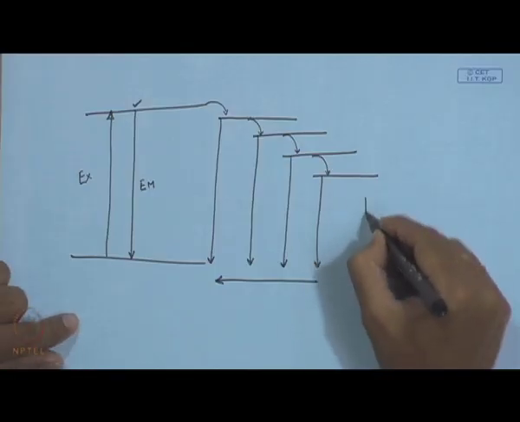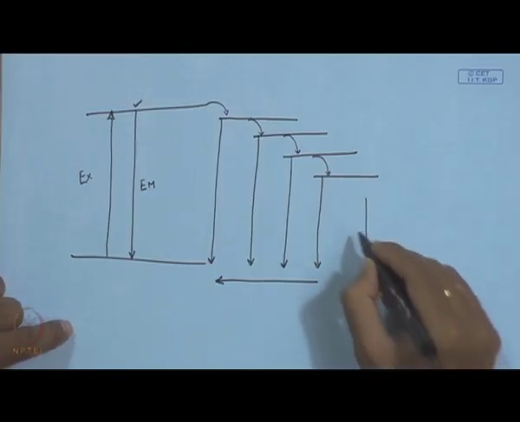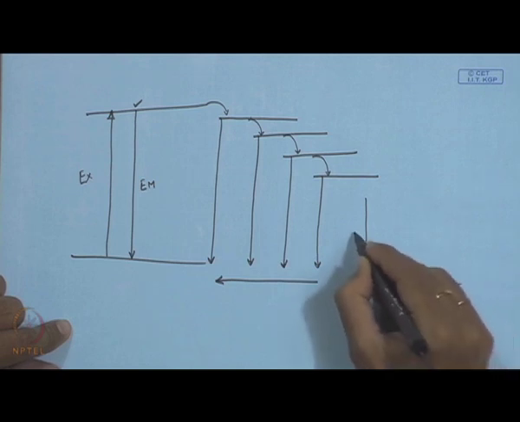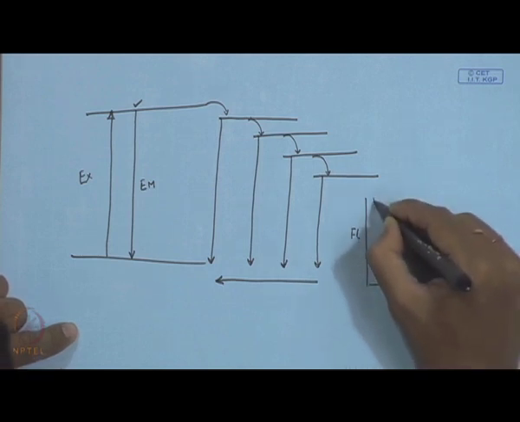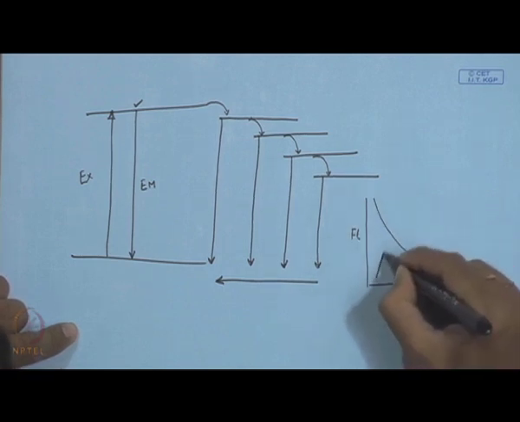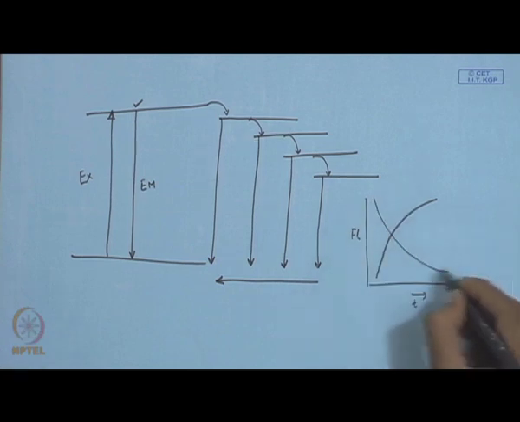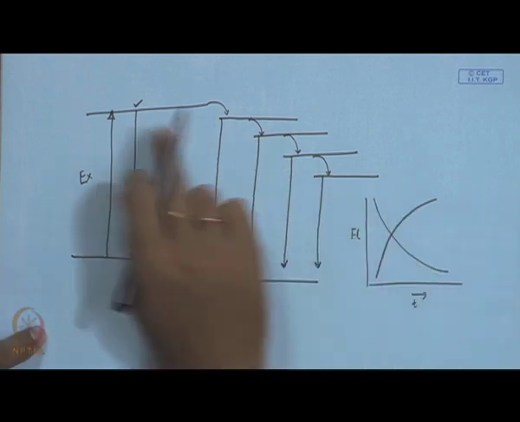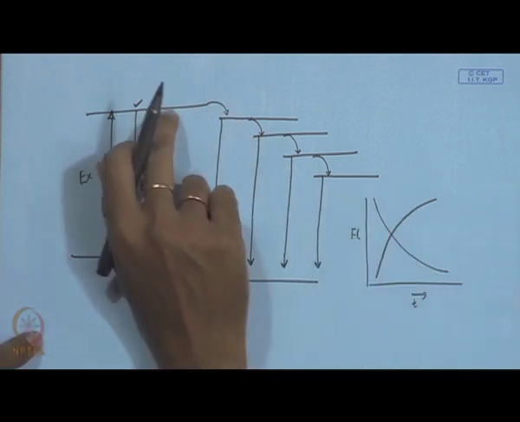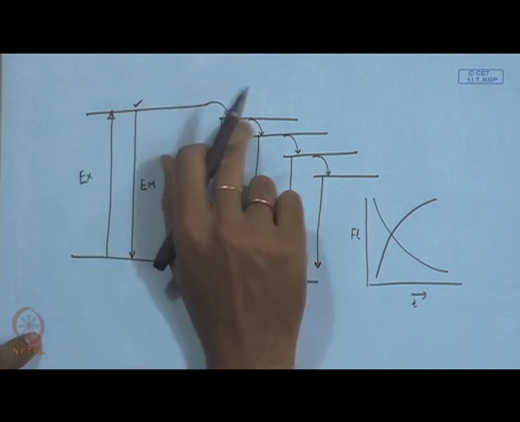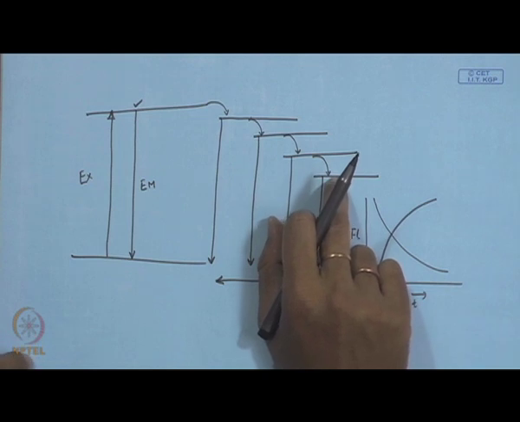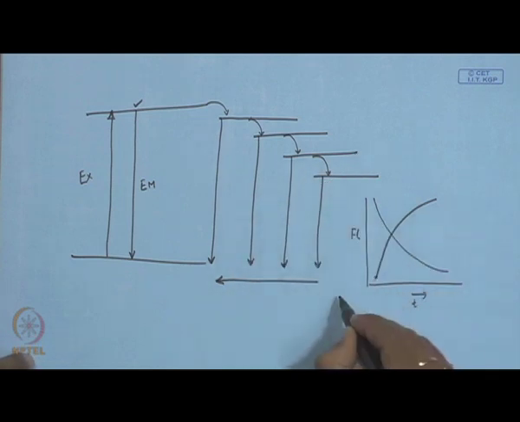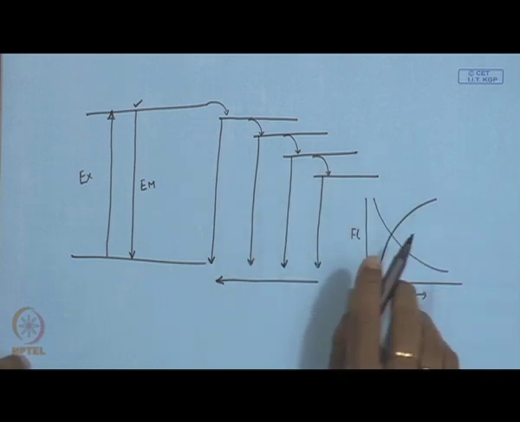So, if you plot the fluorescence intensity as a function of time for the blue side and for the red side, you may expect there is a decay and there is a growth. Decay, why? Because this species is generated from here to here. So, it is decaying to this, and this species was not there at zero time, that is why at zero time it is 0.